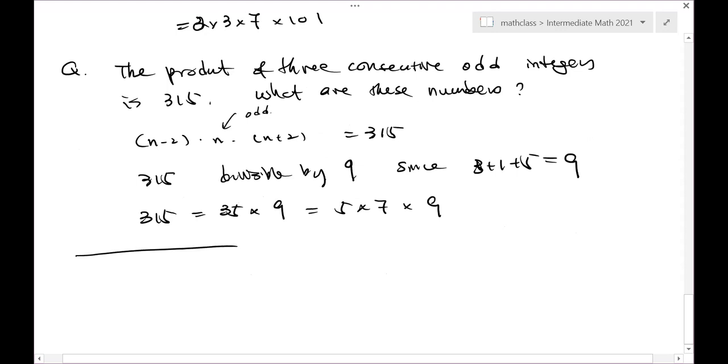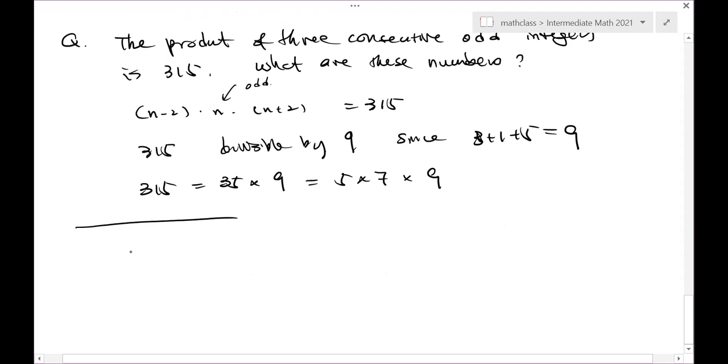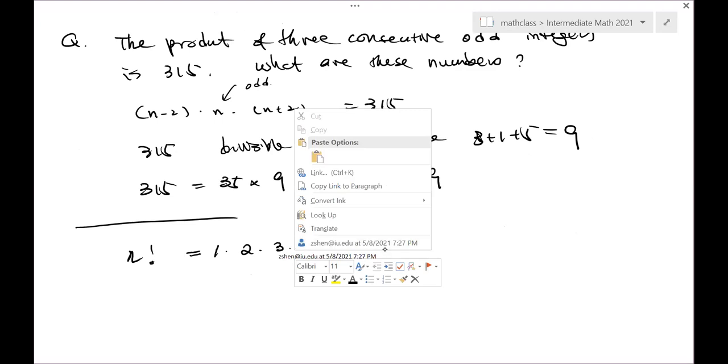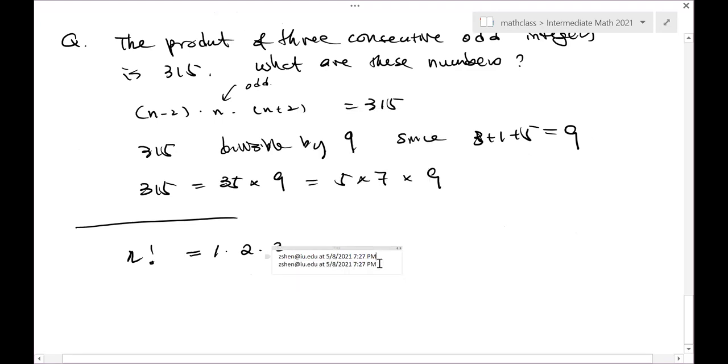Now, there's an interesting notation called n factorial. N factorial is 1 times 2 times 3 times 4 times 5, all the way to n.